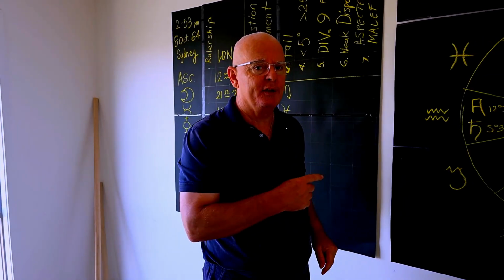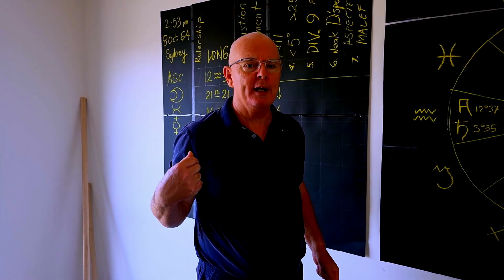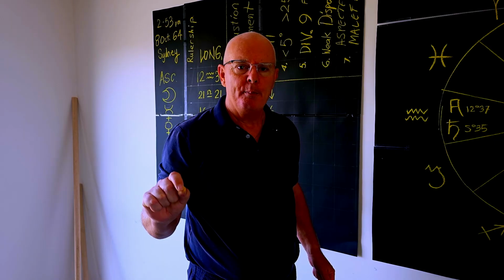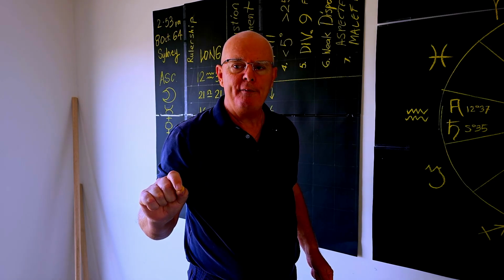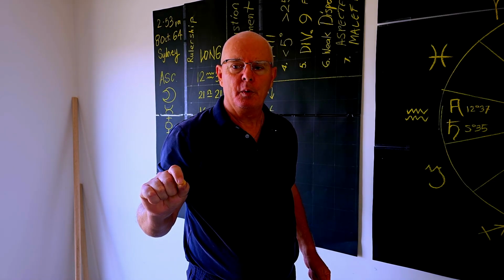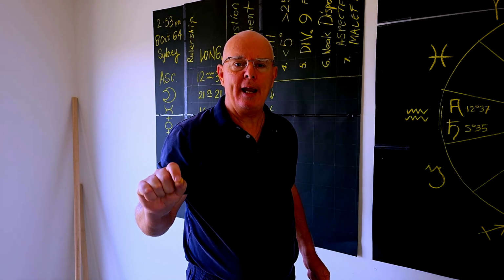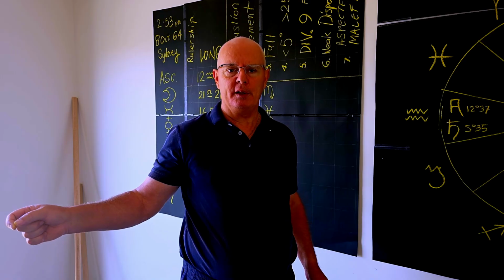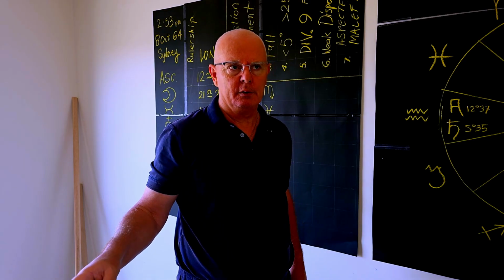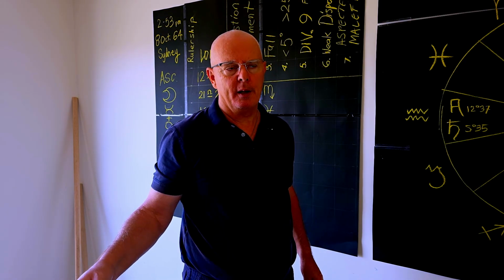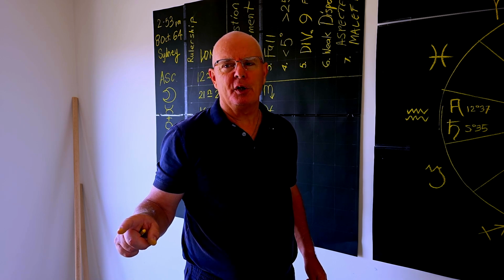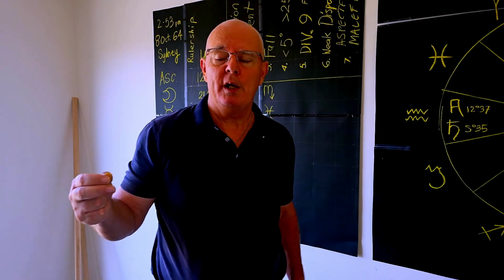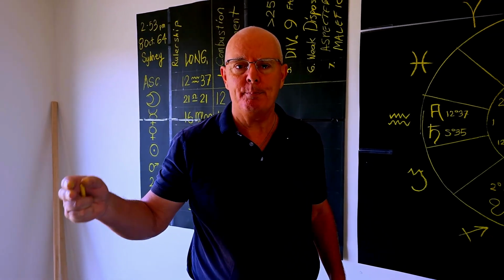Professor Chowdhury, who invented this, said a thing which is a little bit ambiguous, but he said, whenever a planet is weak and badly placed and aspected by a malefic, then you have catastrophe, tragic events. I understand this to mean, whenever a planet is weak and badly placed.